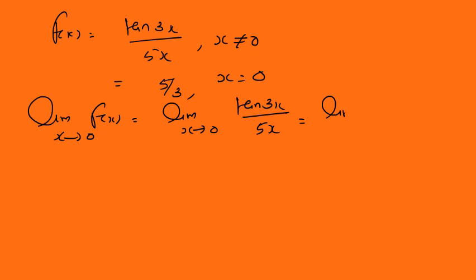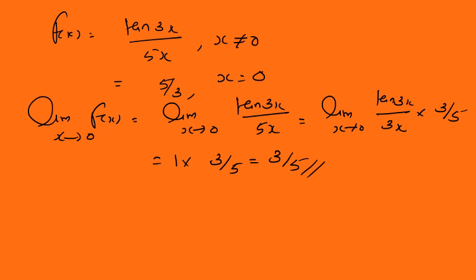So limit x tends to 0 tan 3x by 3x into 3 by 5. You know limit theta tends to 0 tan theta by theta is 1. So 1 into 3 by 5. What is the answer? 3 by 5. What is f of 0?